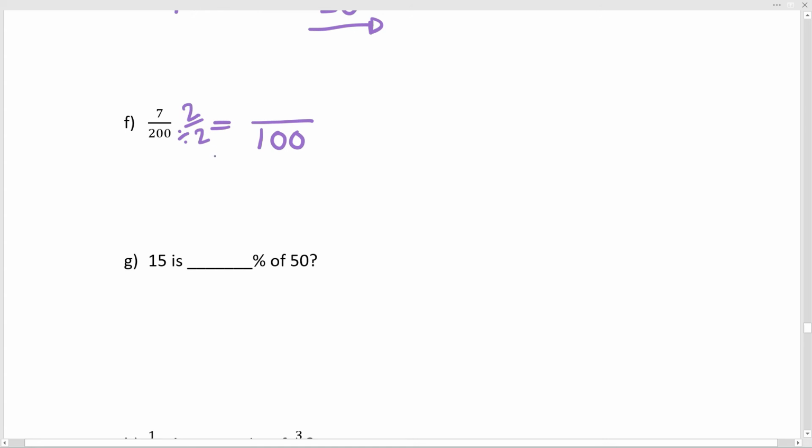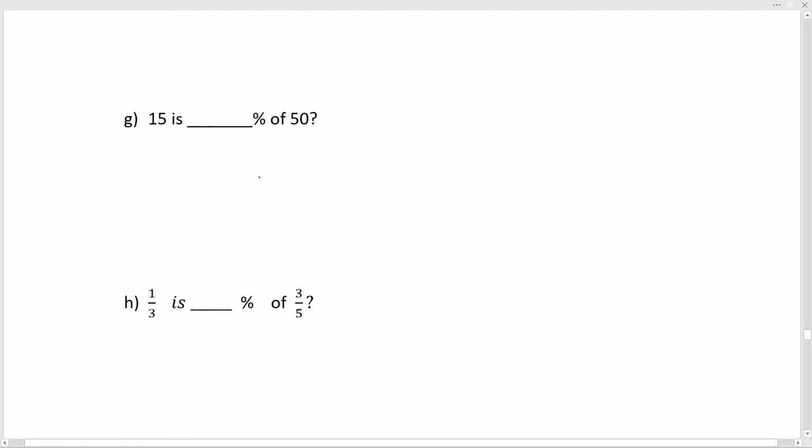Well, that's a bit awkward because 7 doesn't divide by 2. Well, it doesn't do so with a whole number answer, but it actually does work out because it's 3.5, isn't it? It's 3.5 over 100. So that just means it's 3.5%.